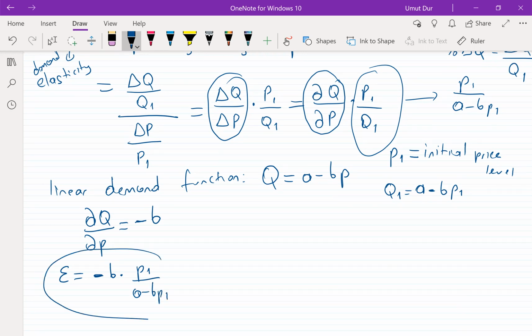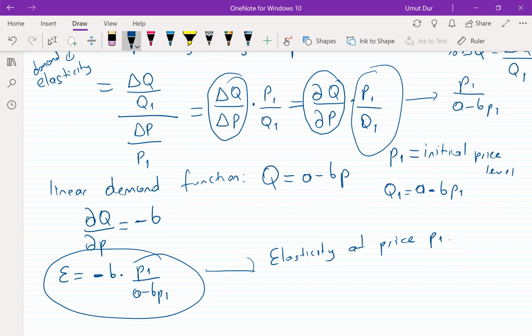So this is actually elasticity at price P1.